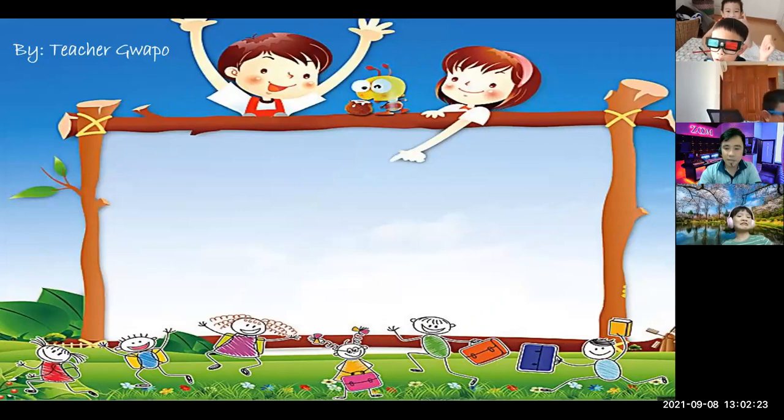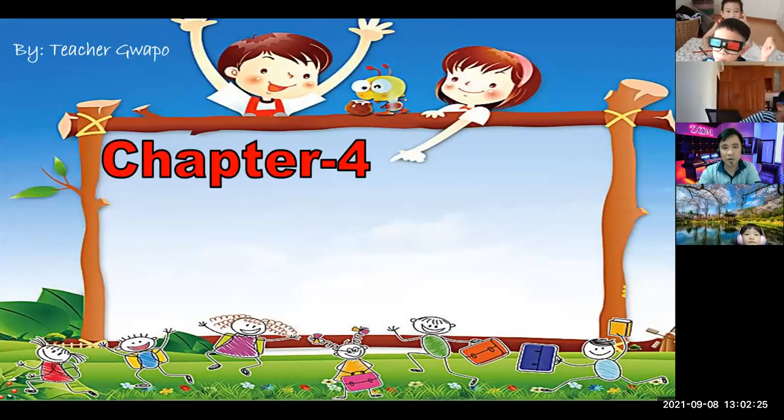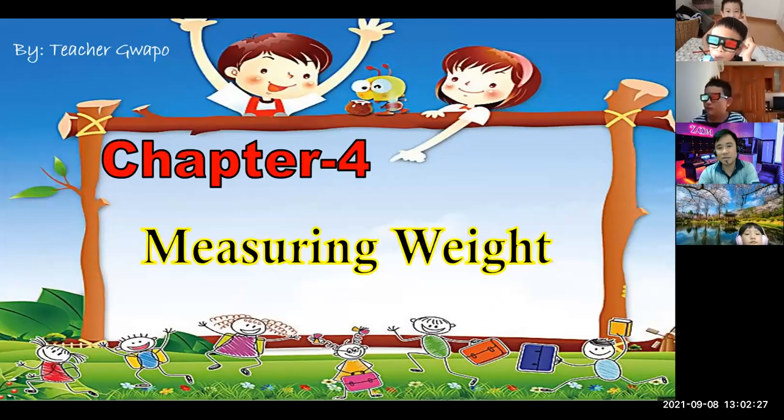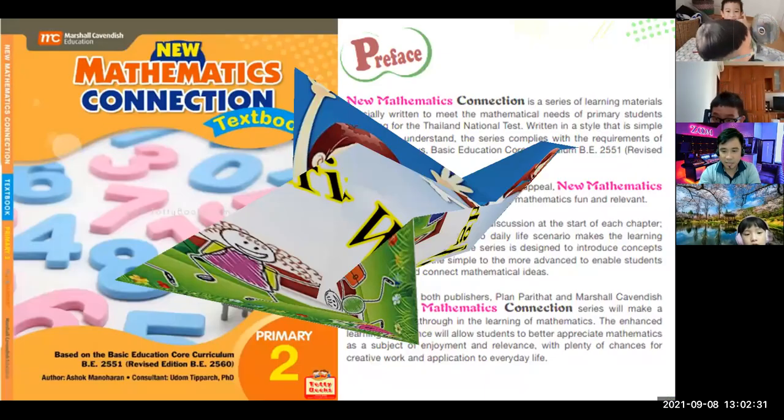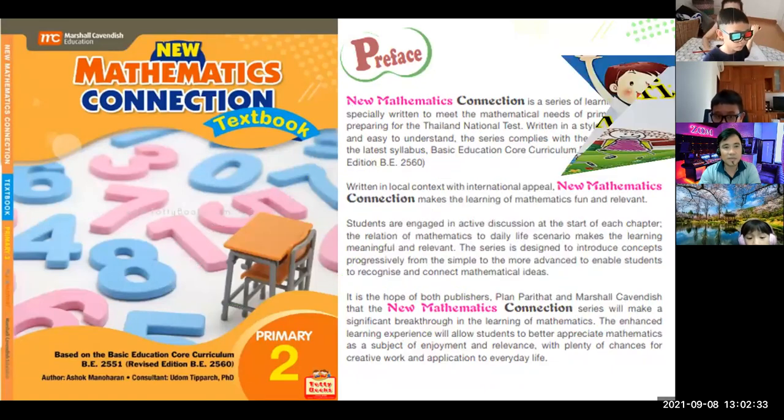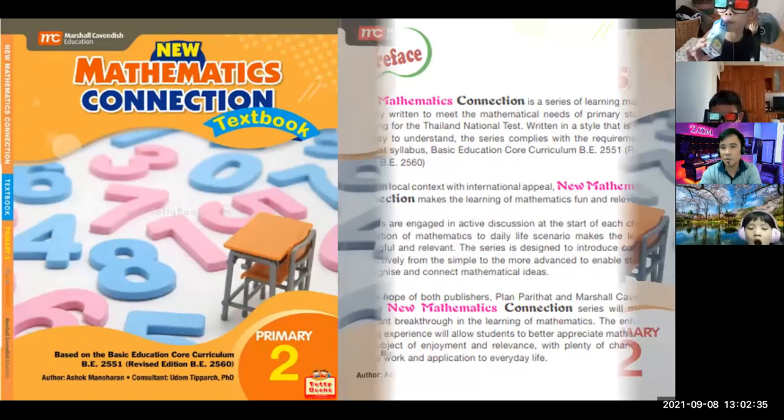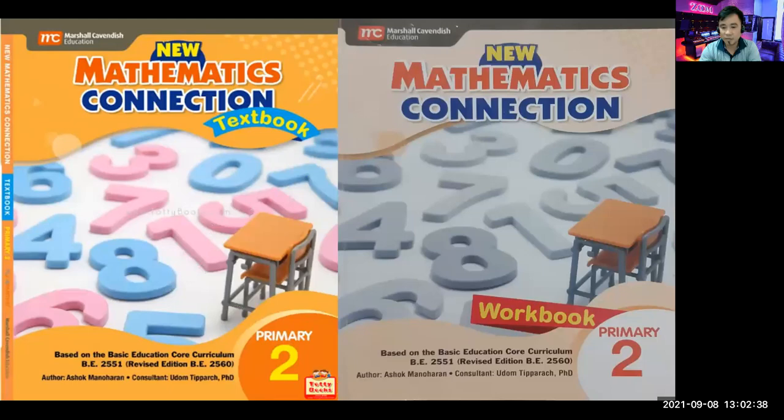Today we are in chapter 4, and we will learn about weight. We will measure weight. This is the textbook that we are using, and this is the workbook that you have there.